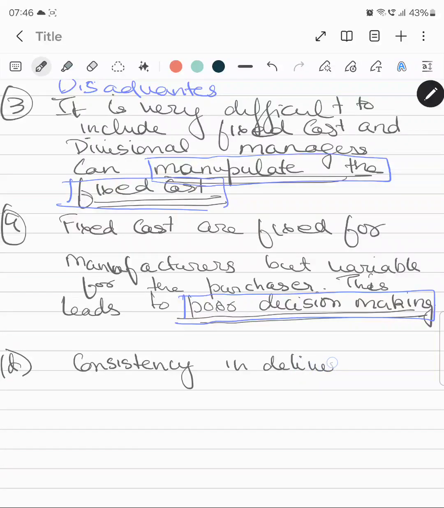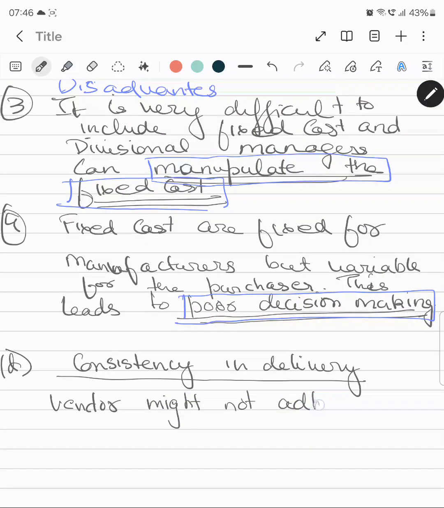If we outsource these garden shears to an outside supplier, the delivery might not be consistent. If the delivery is scheduled monthly or weekly, the vendor might not adhere to the delivery schedule.